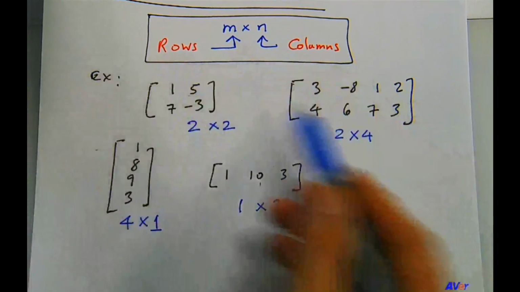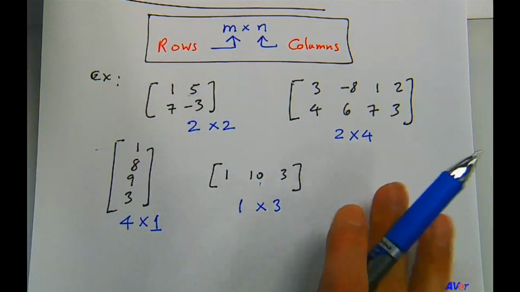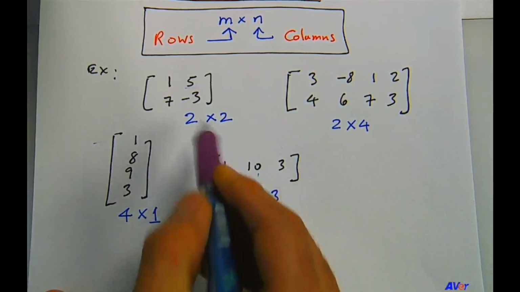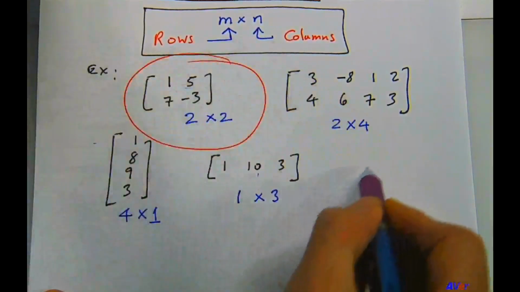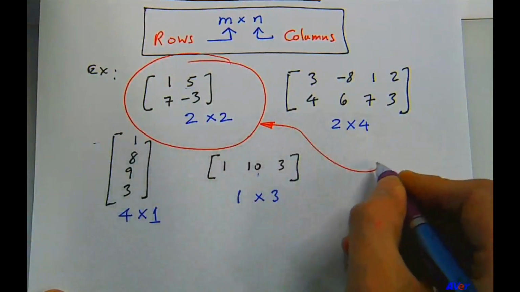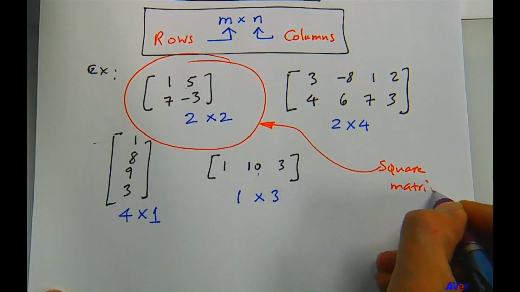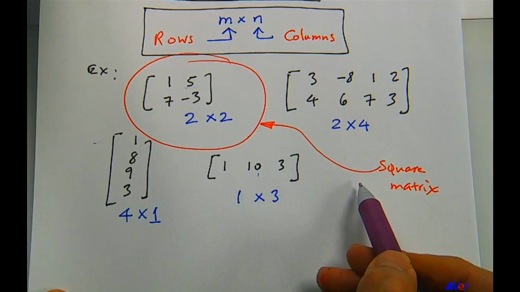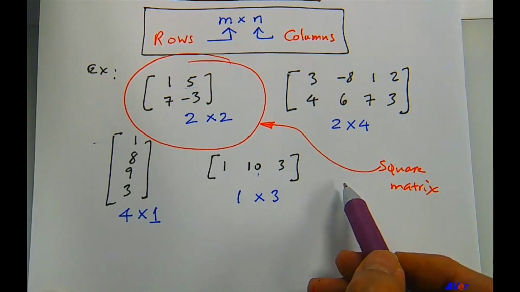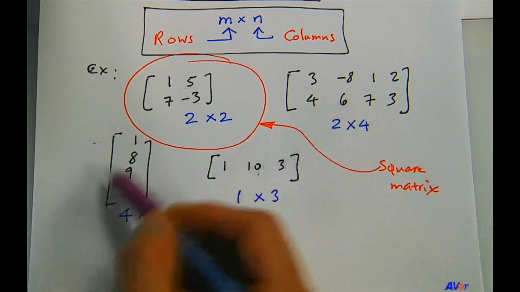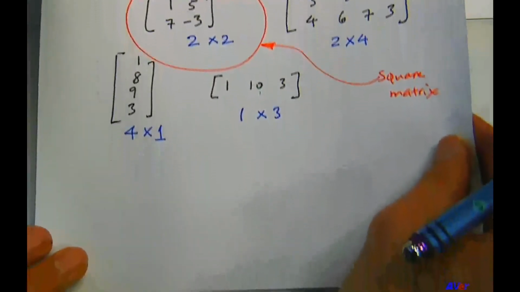Of all of these 4 examples that I'm showing here, only one is what we call a square matrix, that one. Square matrices are matrices that have an equal number of rows and columns. So these are not square matrices, as you can see.